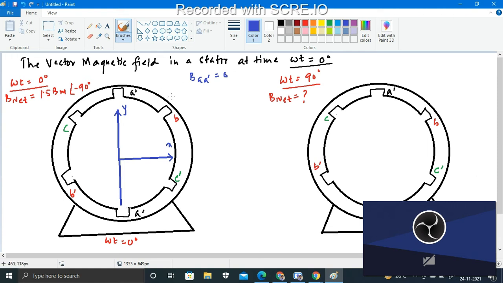We will only concentrate on the vector representation of b of b dash and b of c dash, right? And from there we have to draw the b net vectors. It will look like this.